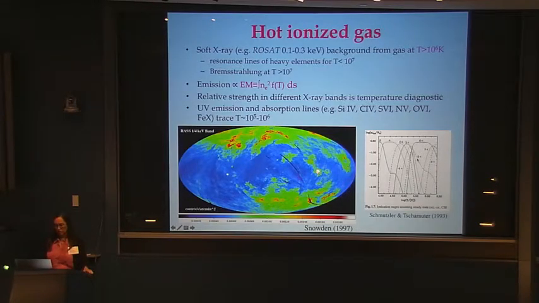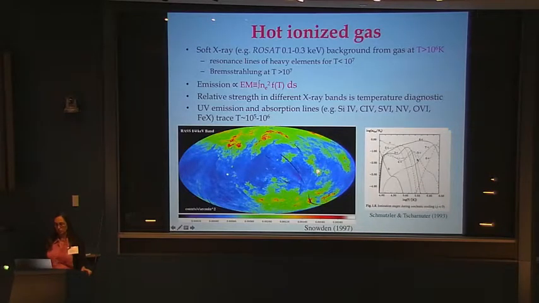But actually, if it's not collisional equilibrium, this diagram completely changes. So that's something to take with a grain of salt as well: in equilibrium, the relative populations of those different ionization states are different from if the gas is undergoing isochoric, that is constant density, cooling.